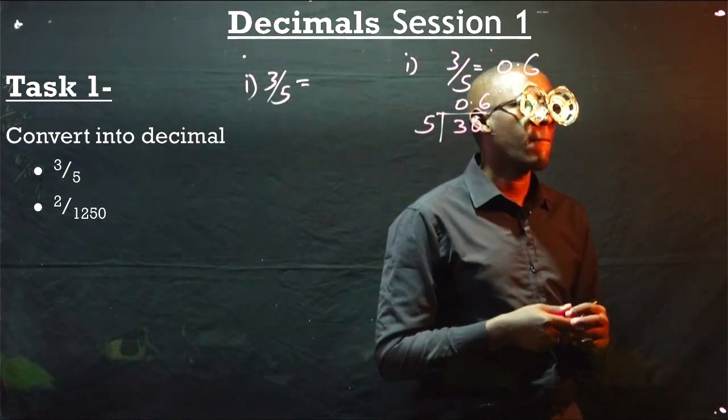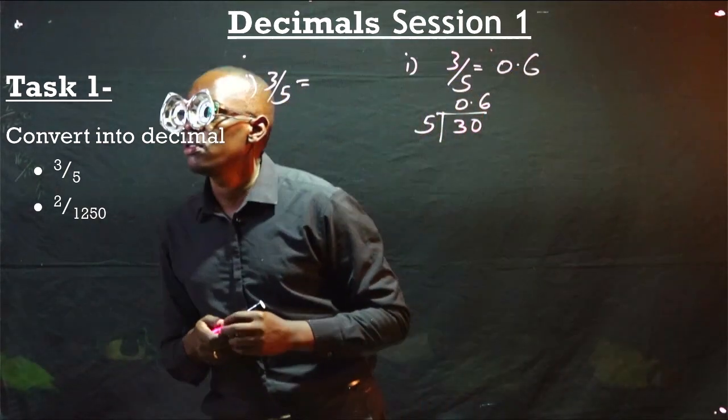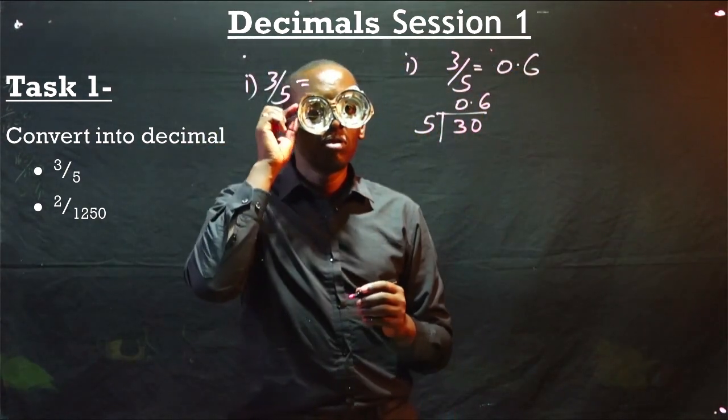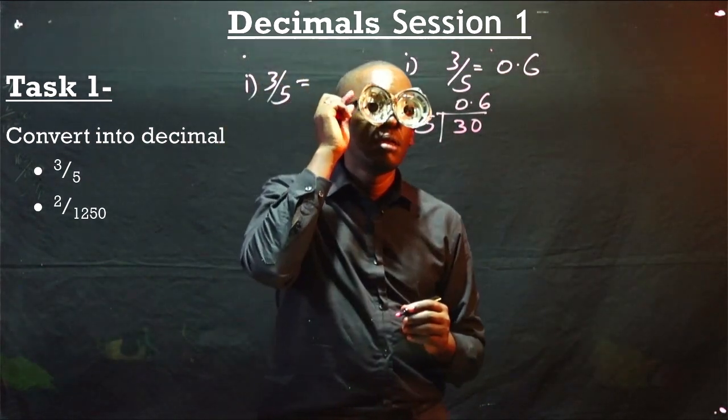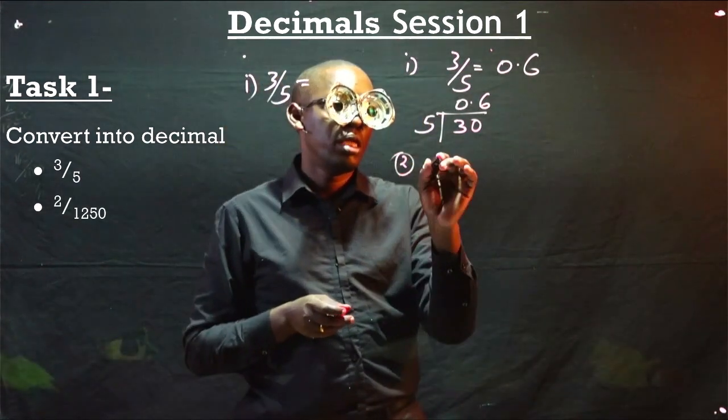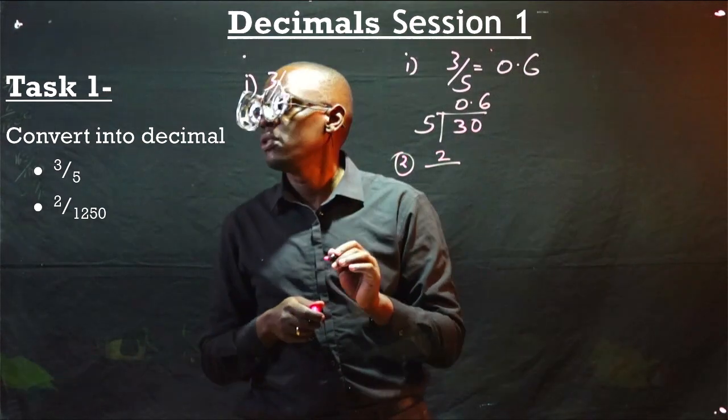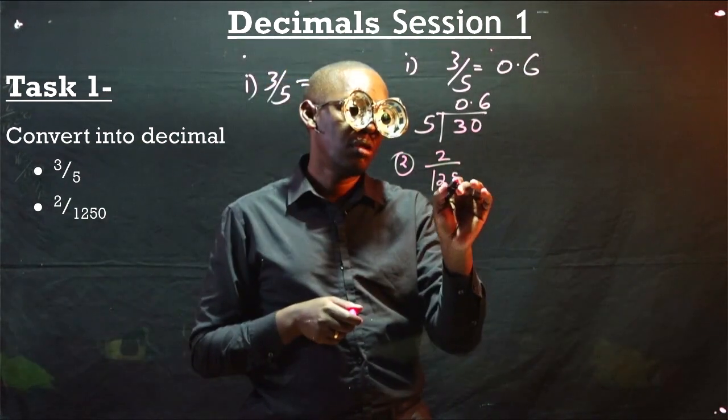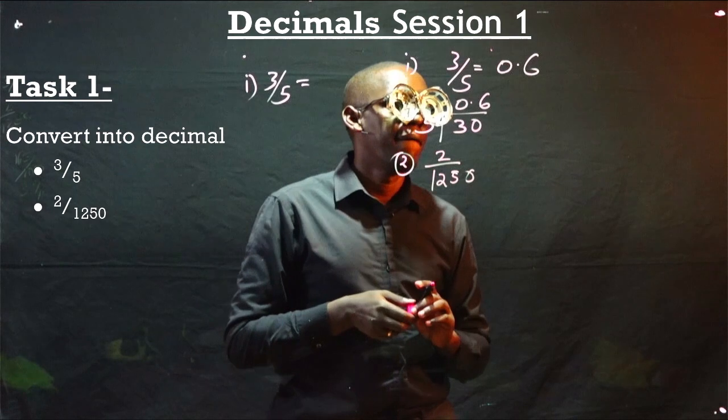Okay. Excellent. Now, number 2 is 2 over 1250. So what do we do here?